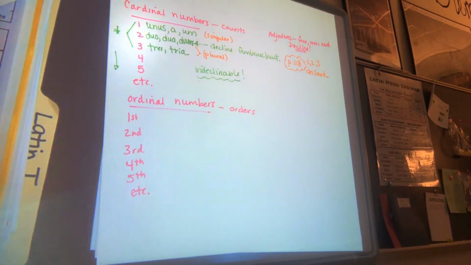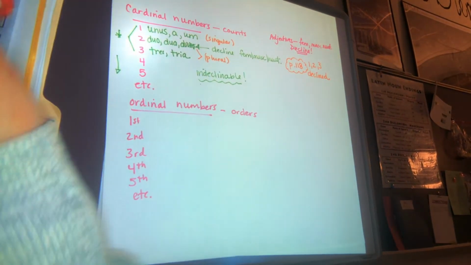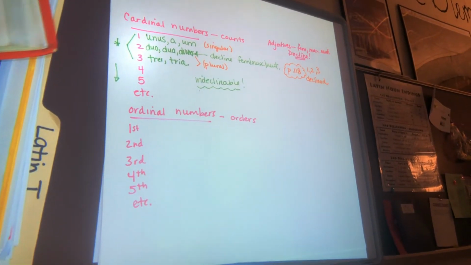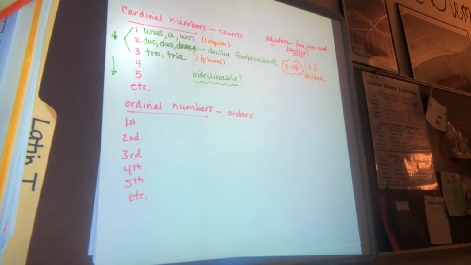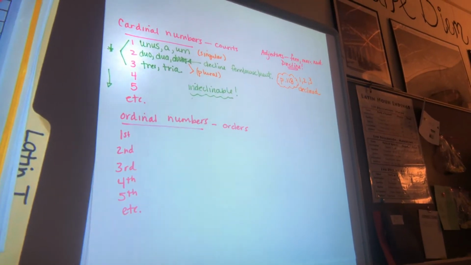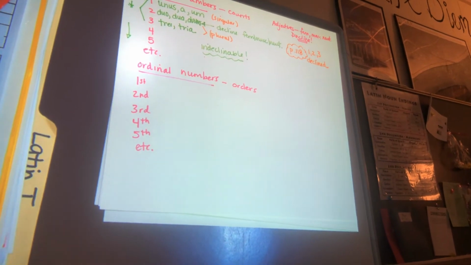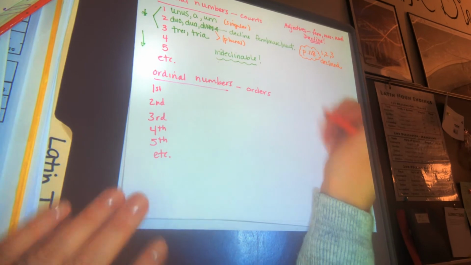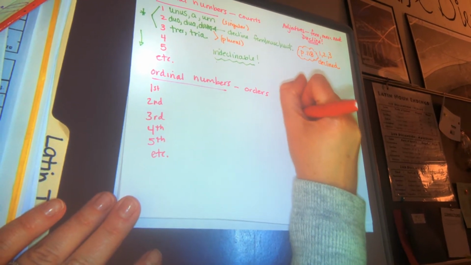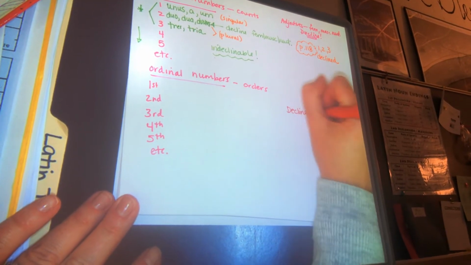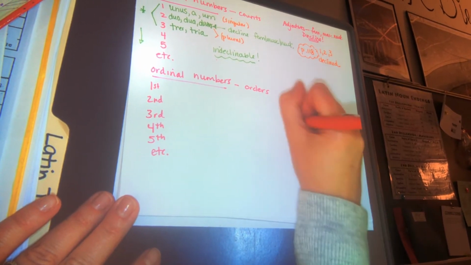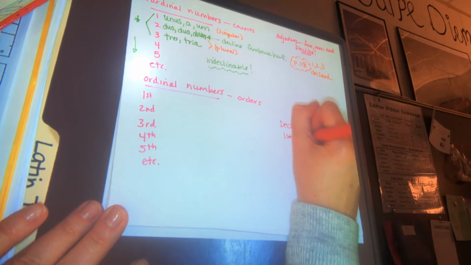Then we have ordinal numbers, which I think are easier. They do decline. Ordinal numbers put things into order: first, second, third. And they decline as just normal first and second declension adjectives.